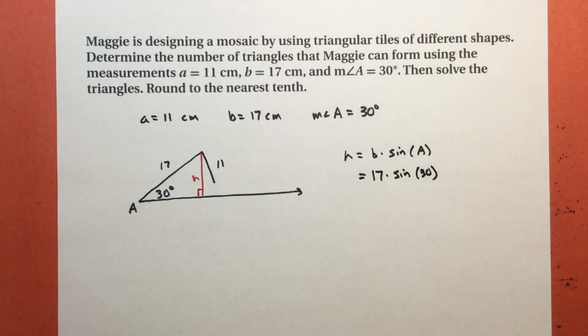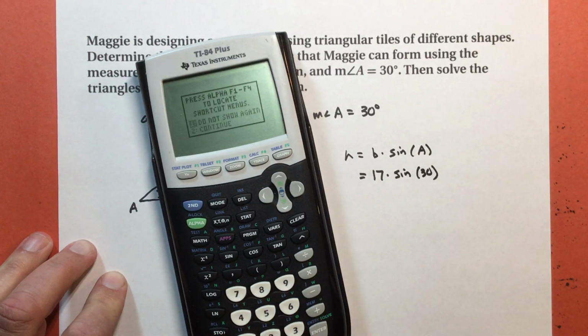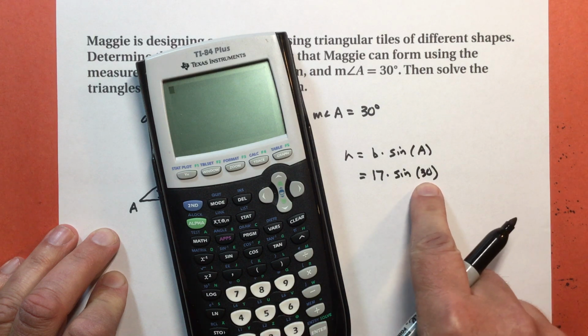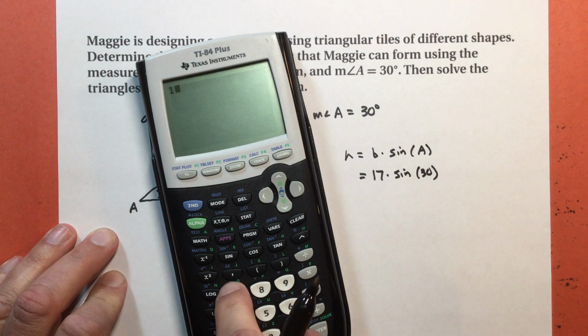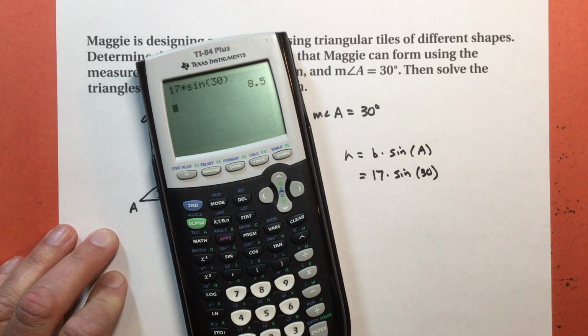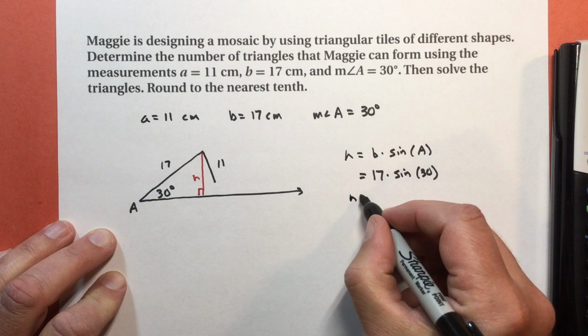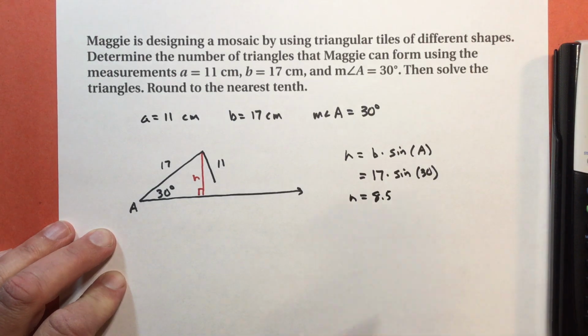Now, you guys are good at this. You know the sine of 30 degrees is 1/2 or 0.5. So half of 17 is going to be 8.5. If you really want to do this with a calculator, because most of the time it's not going to be one that you've already memorized, 17 times sine 30 degrees, like I said, is going to be 8.5. So the height is going to be 8.5.